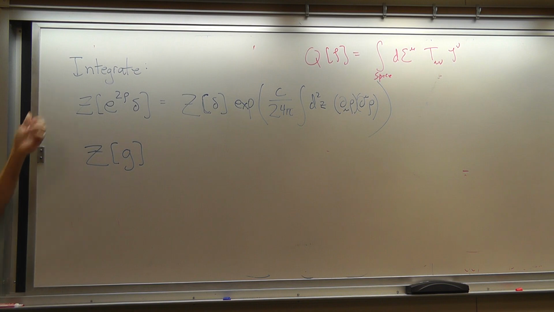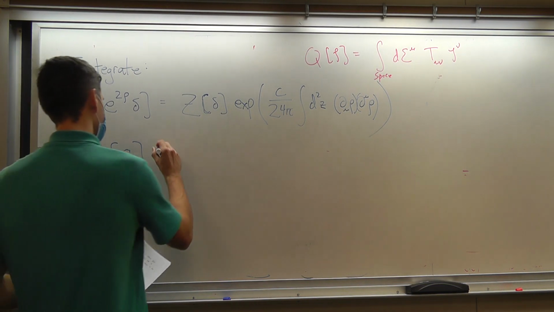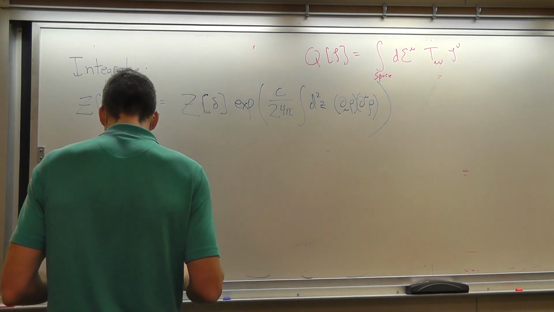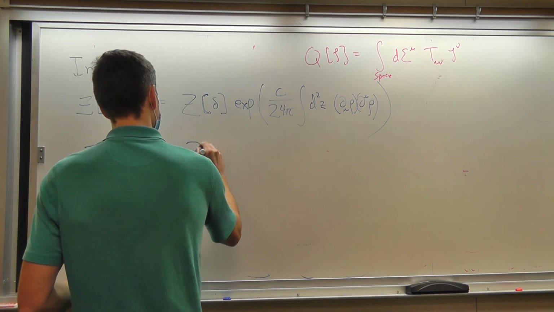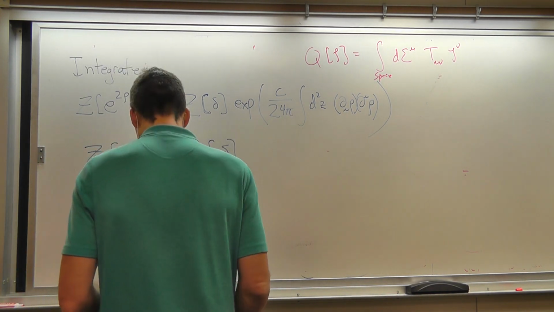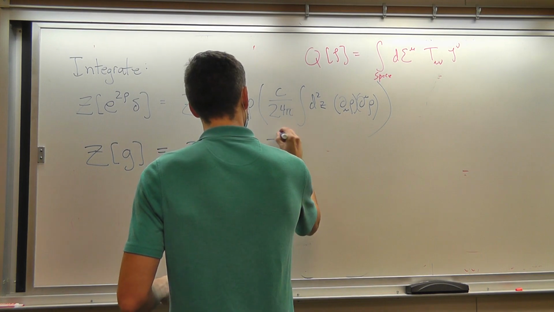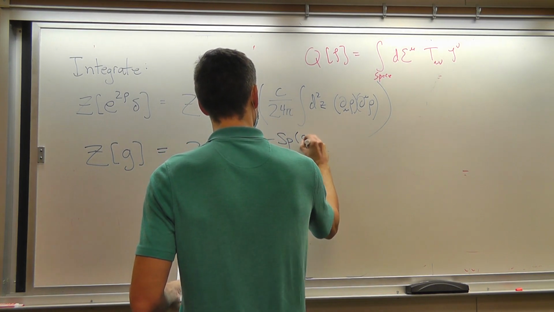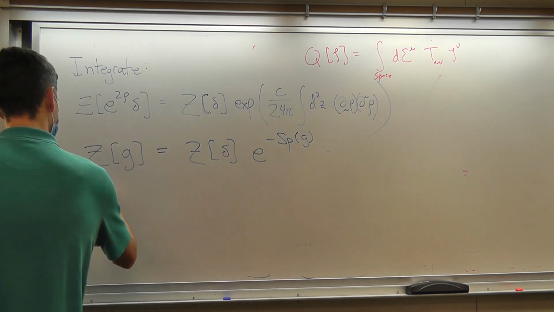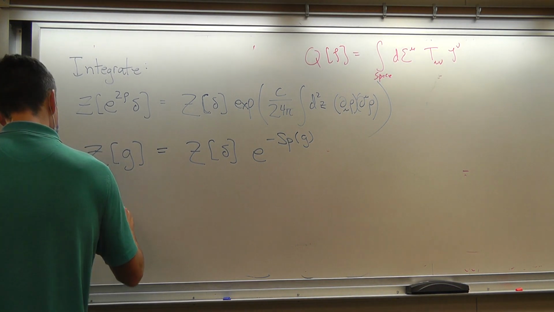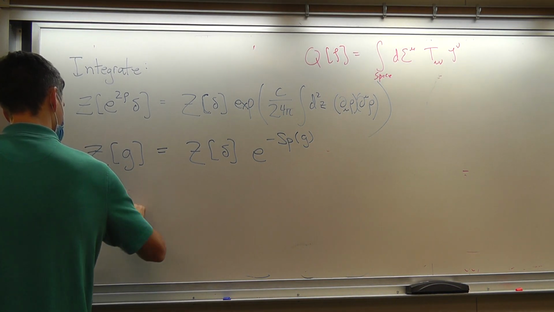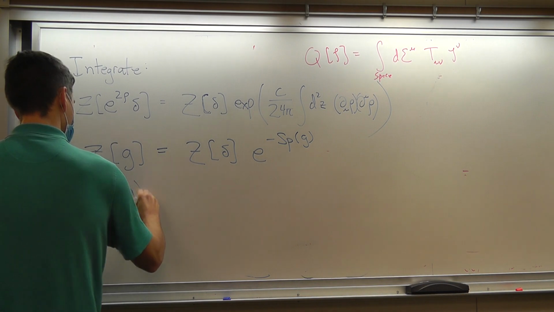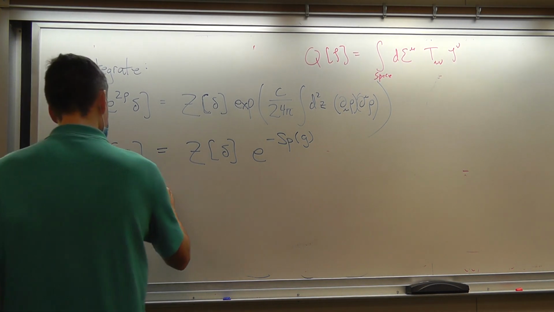Polyakov did so, and he found the following formula. Z of g is Z of delta times e to the minus S Polyakov of g, where S_P of g, I'm going to write in 3 equivalent ways.